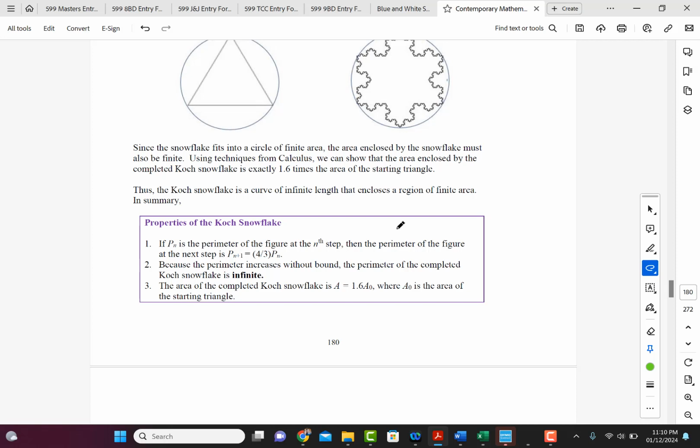The area of the completed Koch snowflake is 1.6 times the area of whatever the initial equilateral triangle is.